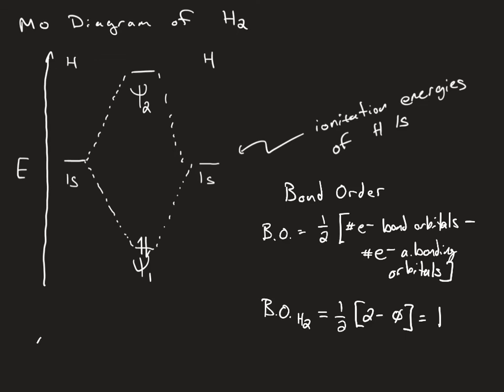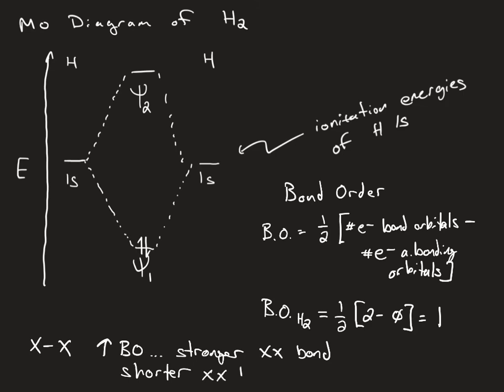So if you're looking at some XX bond and you keep the nuclei the same, the higher the bond order, the stronger the XX bond is going to be, and the shorter the XX bond will be. Furthermore, if a molecule has a bond order of 0, then the 2 nuclei that are describing that bond are going to be non-bonding. They're not going to come together to form a bond.